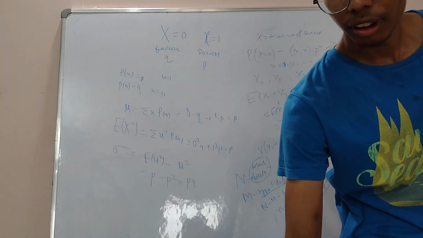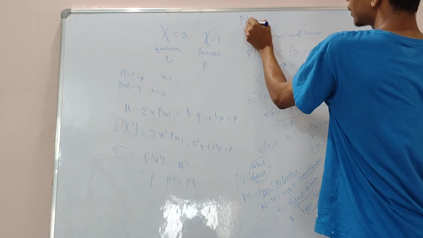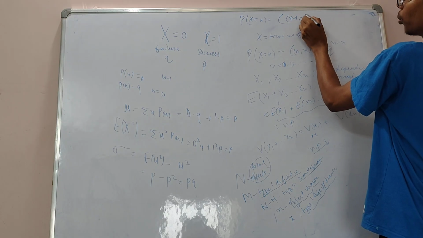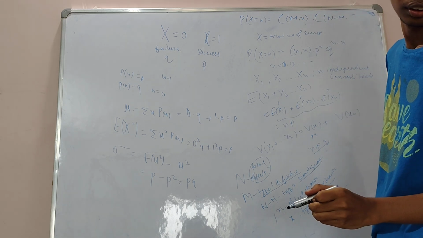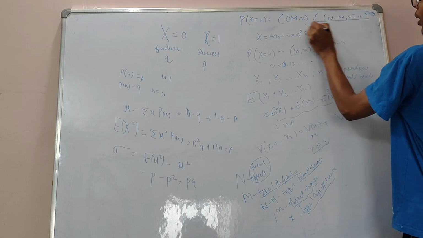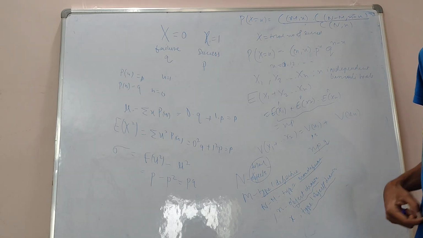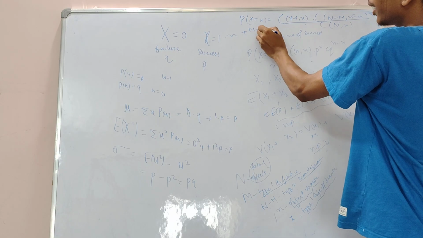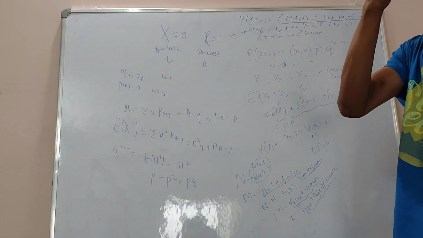So the formula will be accordingly: P of X equal to x will be the combination of M comma x into the combination of N minus M comma n minus x, divided by the combination of capital N and small n, where x ranges from the maximum of 0 and n plus M minus N up to the minimum of M comma small n.